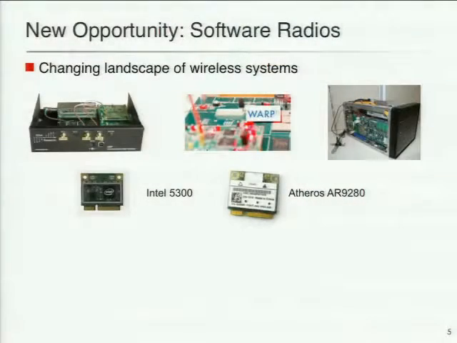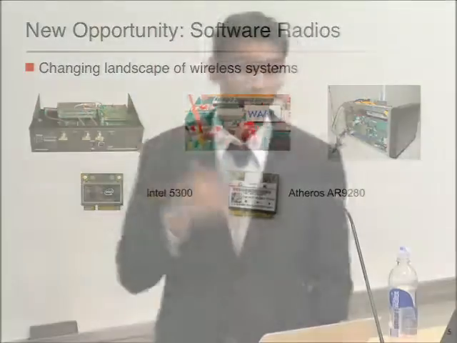Chipset designers like Intel and Atheros are giving us more and more wireless physical layer information to play with in the higher layers. So if you think about it broadly, we as networking researchers have been working with abstractions, and we have treated the physical layer as a black box. And we have tried to design protocols and primitives around this black box.